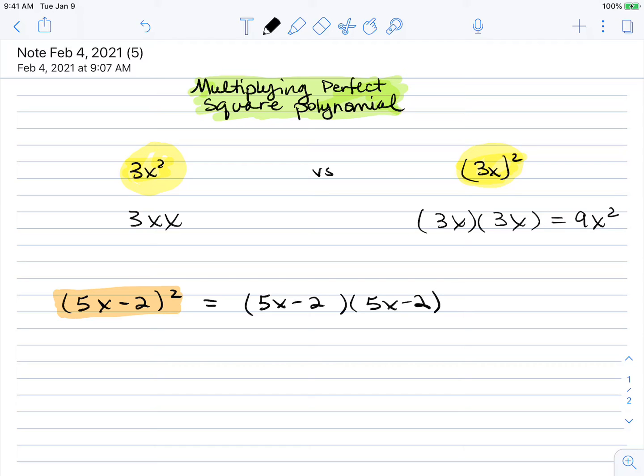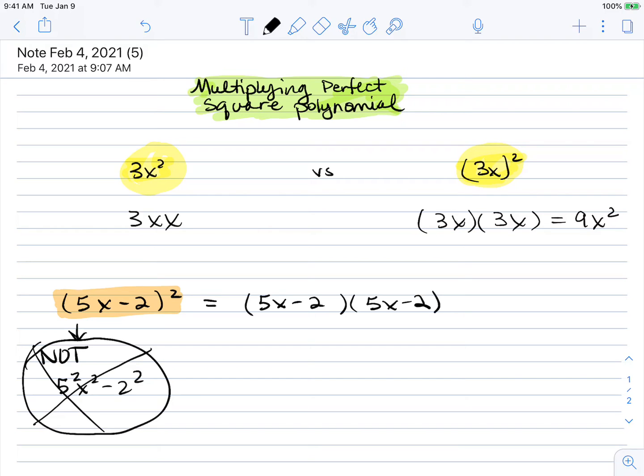This is not the same as trying to quote-unquote distribute that 2. That's not a thing. This is what people try to do, not 5 squared x squared minus 2 squared. Like, that is not true. This is not a thing. Don't do that. That's wrong.